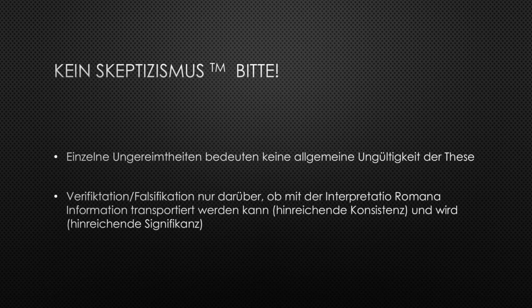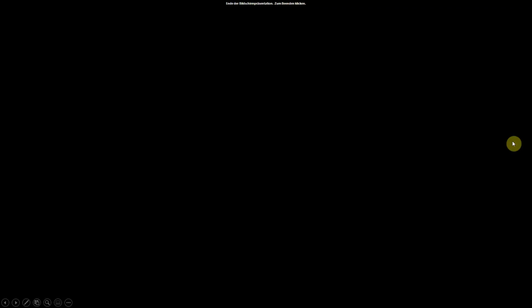So the result of the interpretation must not be random. That's the important thing. But it doesn't have to be 100% clear. And so it isn't too bad if there are some contradictions, but I just wanted to point them out for comprehensiveness. Yes, and here I'm at the end of my presentation.